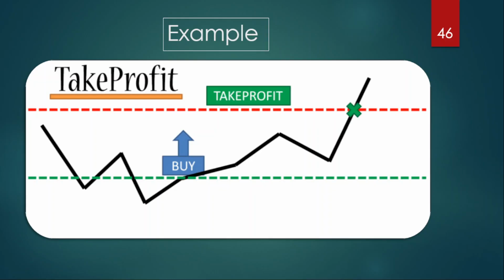So we bought, in this case, on the green line, anticipating that the market will go to that dotted red line, and when it reaches that price point, our take profit will make sure that our order is closed, with all that profit that we make from the buying point to that take profit in our bag, or in our trading account balance.